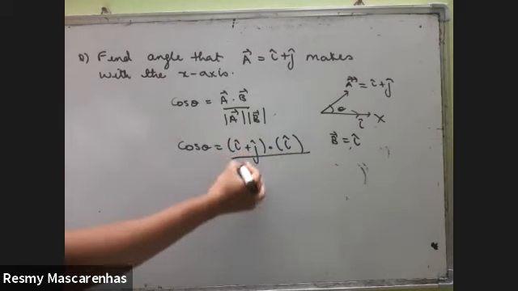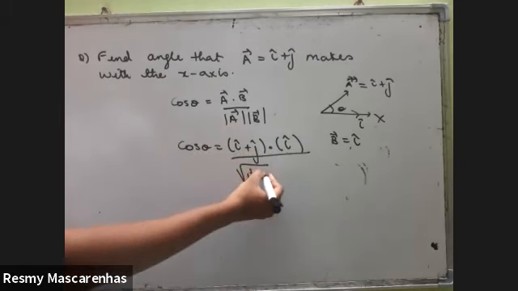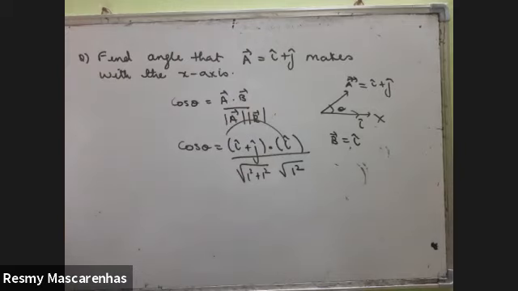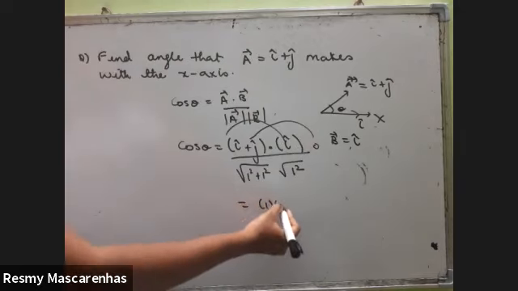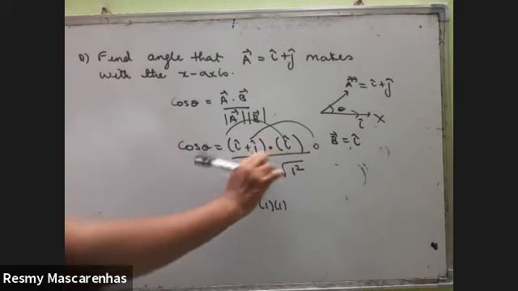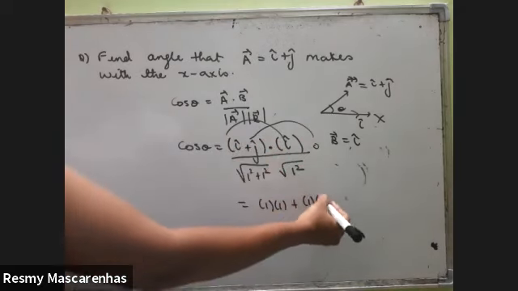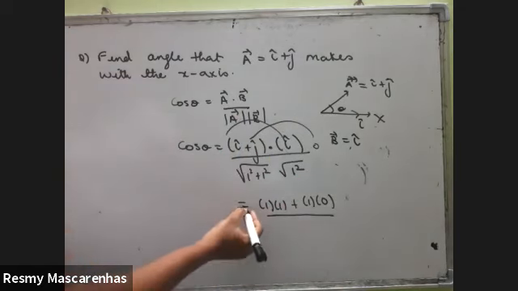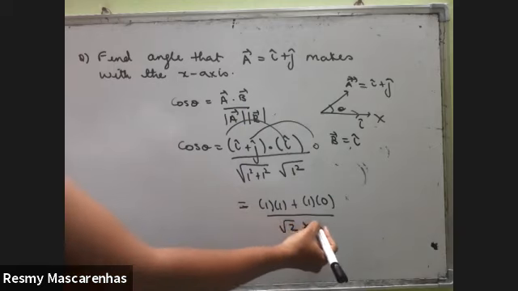You have to take the magnitude of a bar, that is 1 square plus 1 square, and this one is only 1. So 1 square. Anyway, j and k are 0. Now here I have to multiply i with i. There is nothing j to be multiplied, so it will be 0. So it will be 1 into 1 because both the coefficients are 1. j will be 0. So this will be root 2 into root 1.